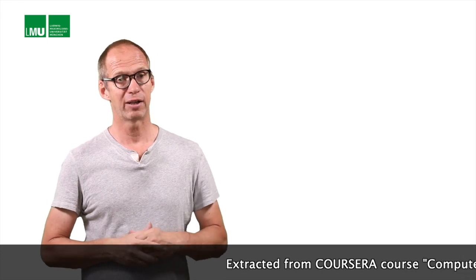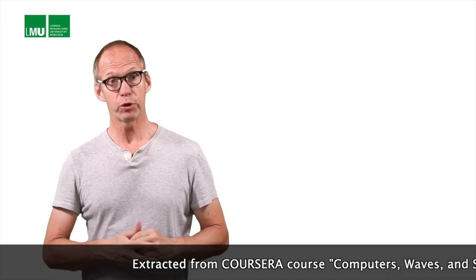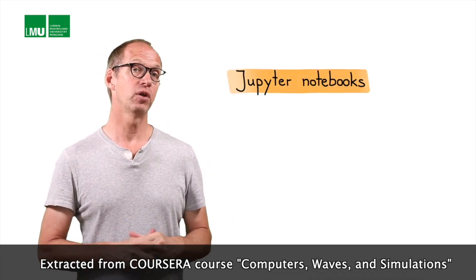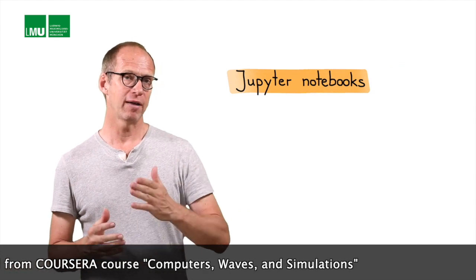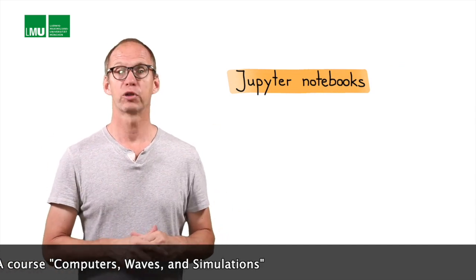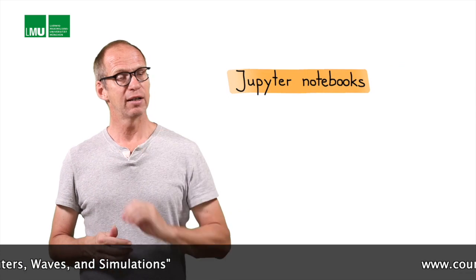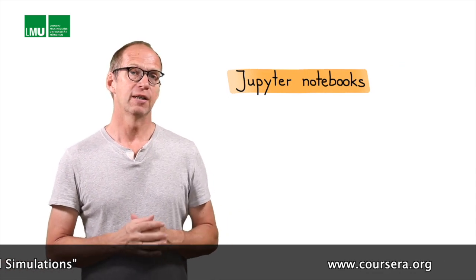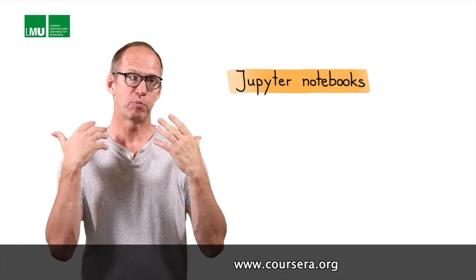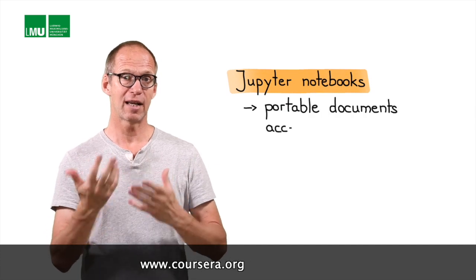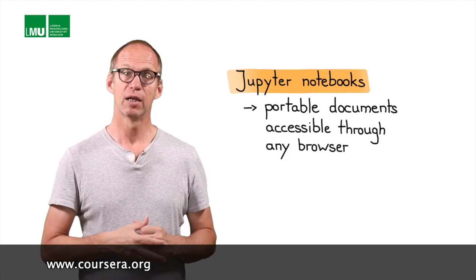There's one other concept that we're going to use to understand the numerical implementations of our algorithm. These are now called Jupyter notebooks. They were invented a few years ago as IPython notebooks, and now they're called Jupyter notebooks. It's really a fantastic tool to make portable documents that are accessible through any web browser.